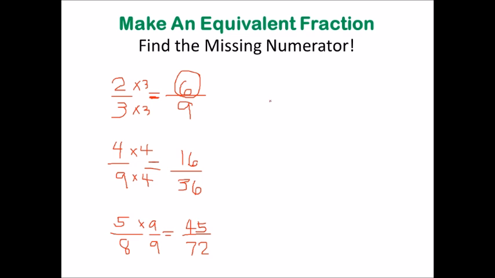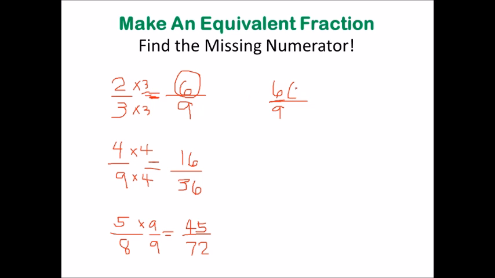Now let us try to get the lowest term. So what if you have 6 over 9? How are you going to get the lowest term of this? Okay, so the first step is to get the greatest common factor of the numerator and the denominator, and that would be 3.